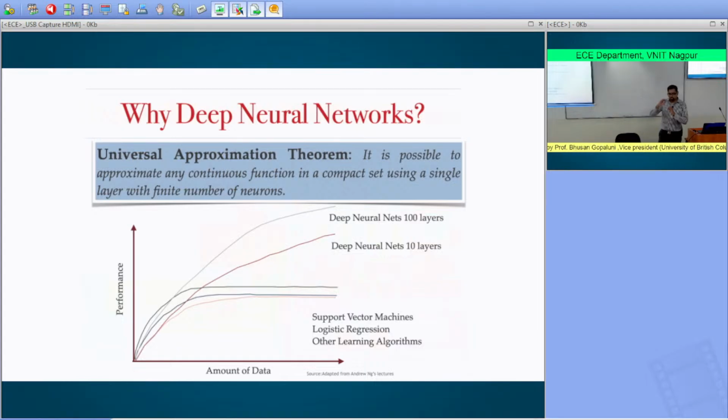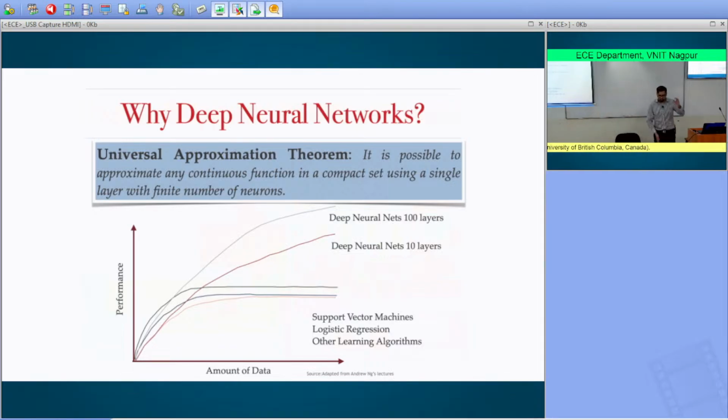With neural networks, you're using these neurons, the activation functions, to approximate an underlying function. And the universal approximation theorem says that it's possible to approximate any continuous function in a compact set using a single layer with a finite number of neurons. Okay, so if you use a finite number of neurons, but many of them, you can approximate almost any function using a neural network. That's a good reason for building neural network models.